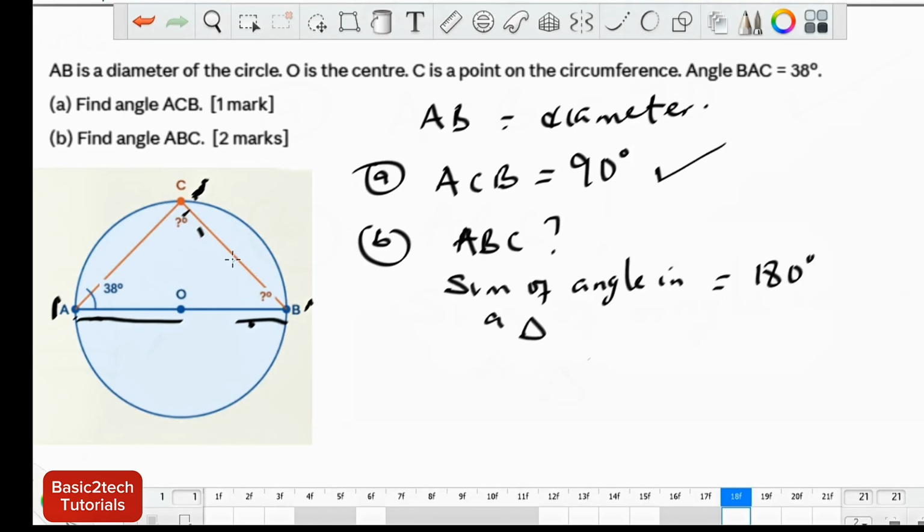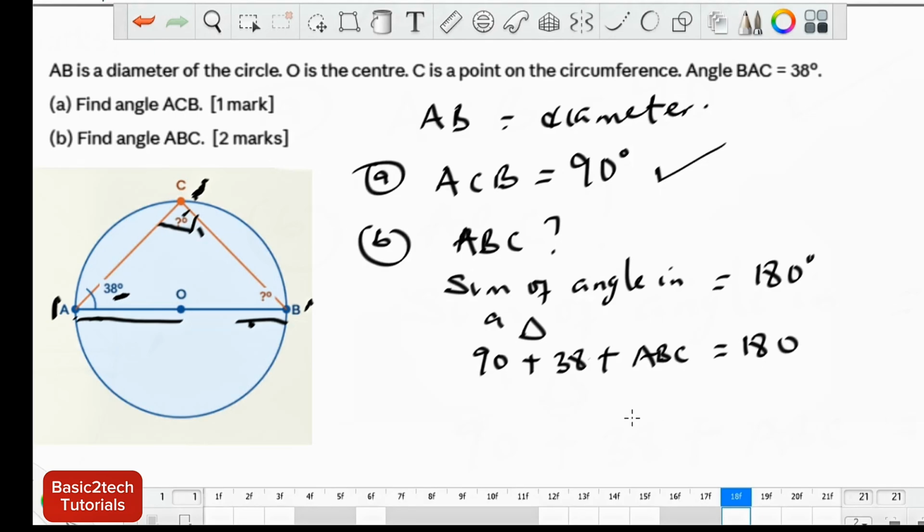We know that angle ACB, angle C right there, is 90 degrees, and we know that angle BAC is 38 degrees. So it means that we have 90 plus 38 plus angle ABC is equal to 180 degrees.